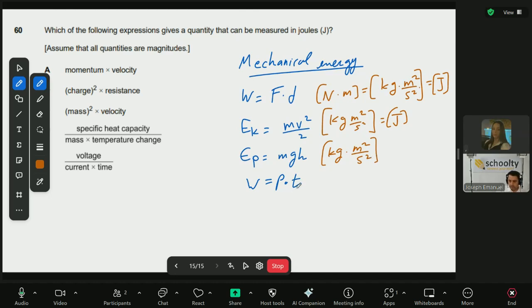This one is watts multiplied by seconds, so it's also joule, because watt is joule divided per second. So from here we conclude that newton meter, kilogram meter squared per second squared, and watts multiplied by time are all joules. Okay, this is mechanical energy.